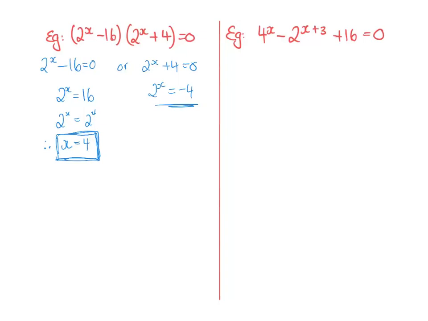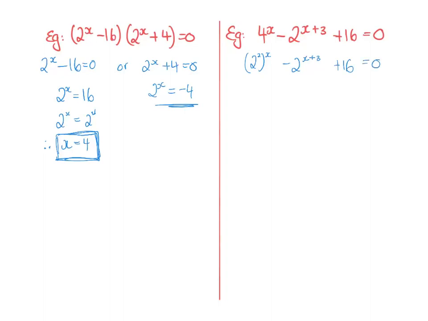Alright, and coming over to this one, it looks like another one of those quadratic ones. So I could write 4 as 2 squared like that, 2 to the power of x plus 3, plus 16.